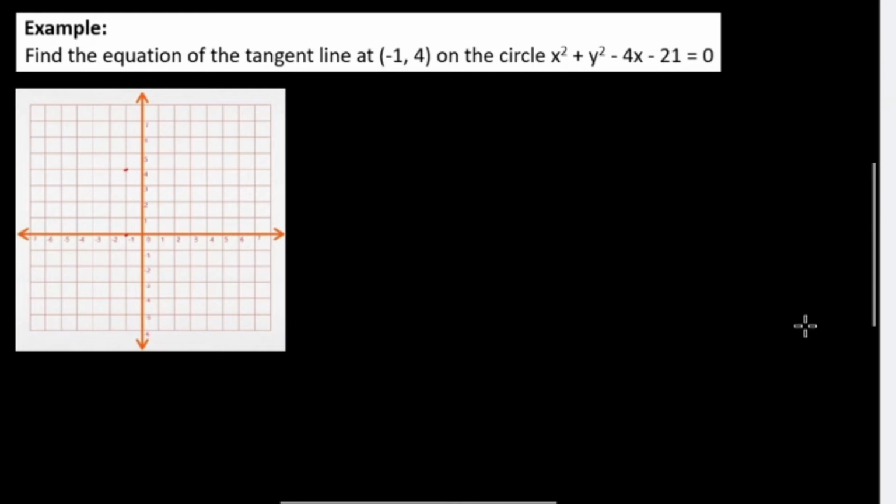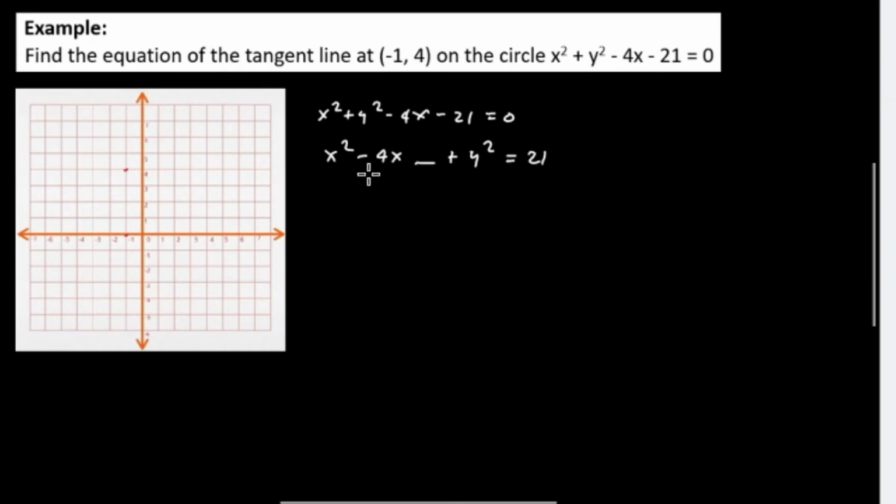The equation of the circle is x squared plus y squared minus 4x minus 21 is equal to 0. Transpose the constant negative 21 to the right, so that's x squared, negative 4x, plus y squared is equal to positive 21.